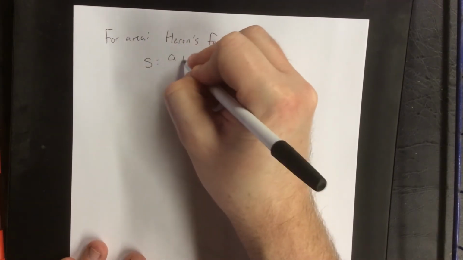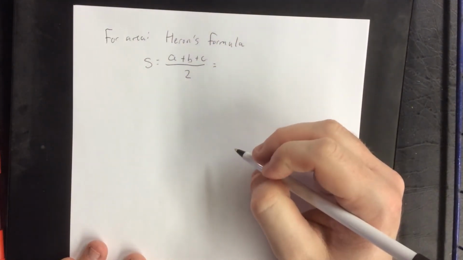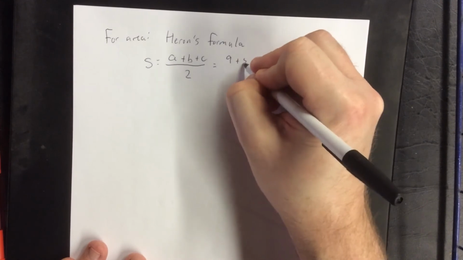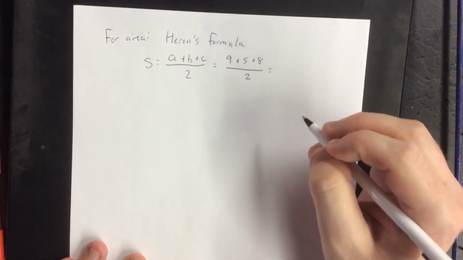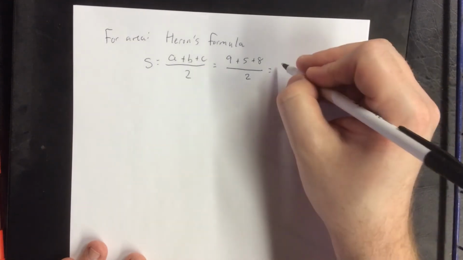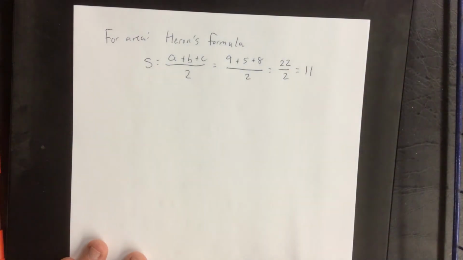So semi-perimeter is going to be the perimeter divided by 2, which is equal to 9 plus 5 plus 8 all over 2. The perimeter, if I add all of that up, we'll get 22. So the semi-perimeter is going to be 11.